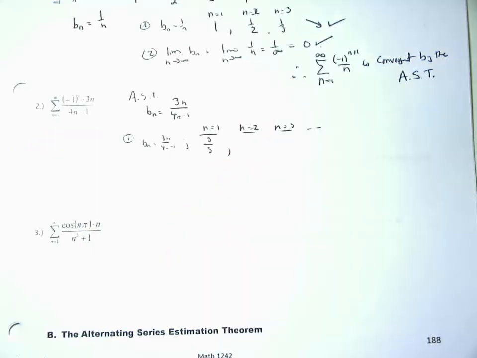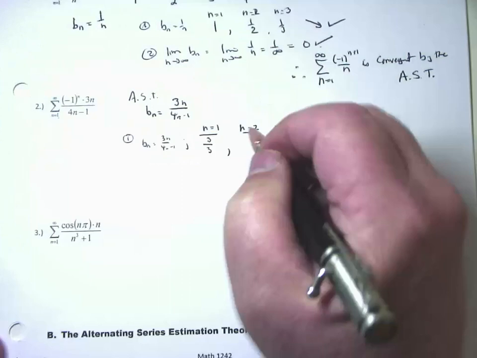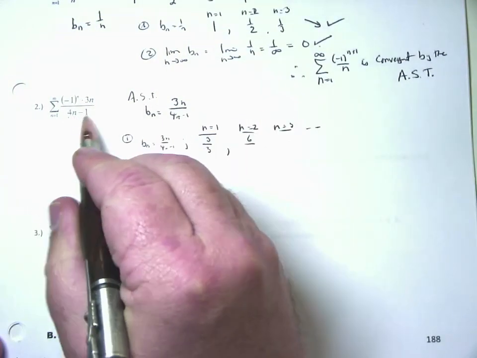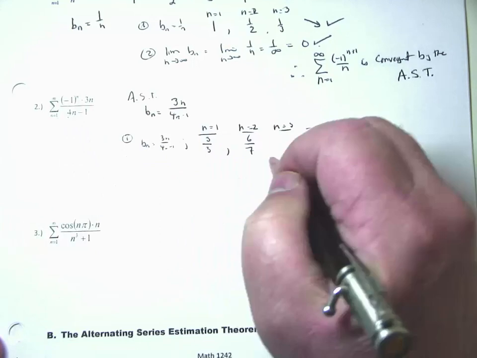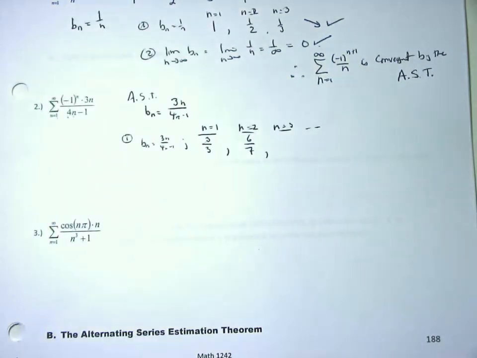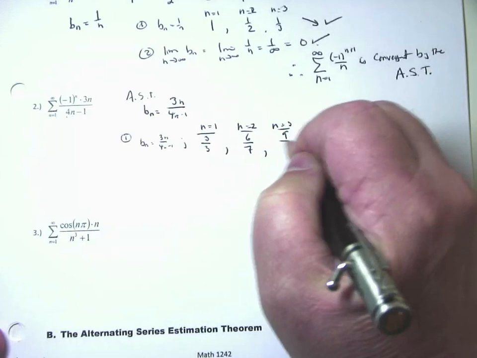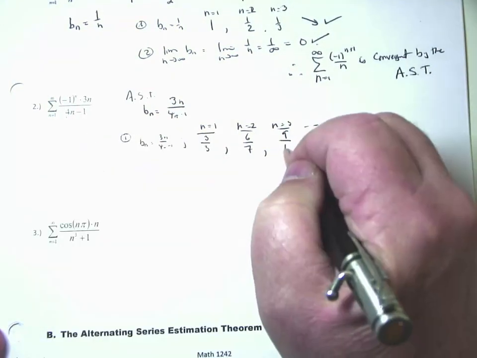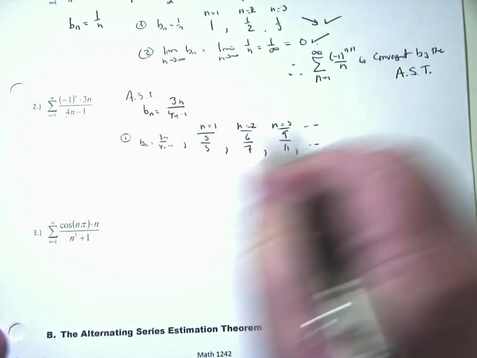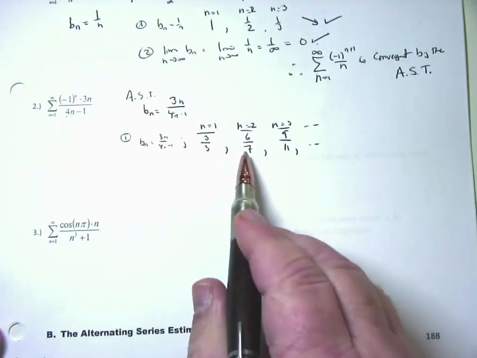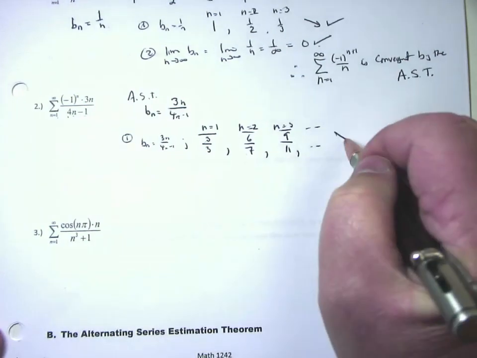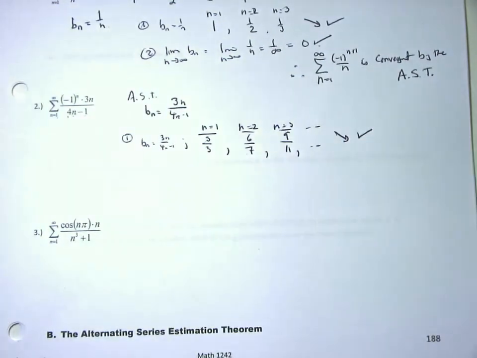Plugging in 2: 3 times 2 is 6, over 4 times 2 is 8, minus 1 is 7. Plugging in 3: 3 times 3 is 9, over 4 times 3 is 12, minus 1 is 11, dot, dot, dot. I went from 1 to 6 sevenths to 9 elevenths. These terms are decreasing. They are going down. That's a check. That part holds.